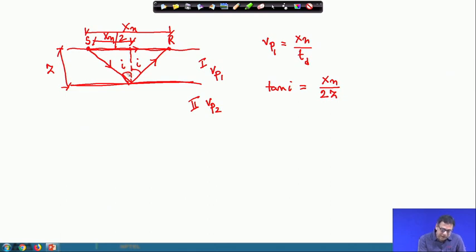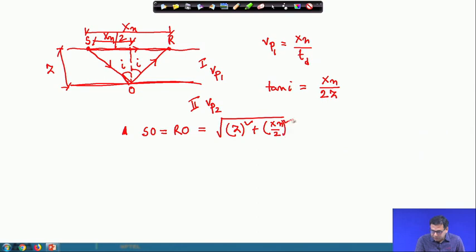So, tan I will be x n by 2 divided by z, and from this I will get I. Similarly, if I call this point O, we can write S O equal to R O equal to root over z square plus x n by 2 whole square, because this is z and this is x n by 2.